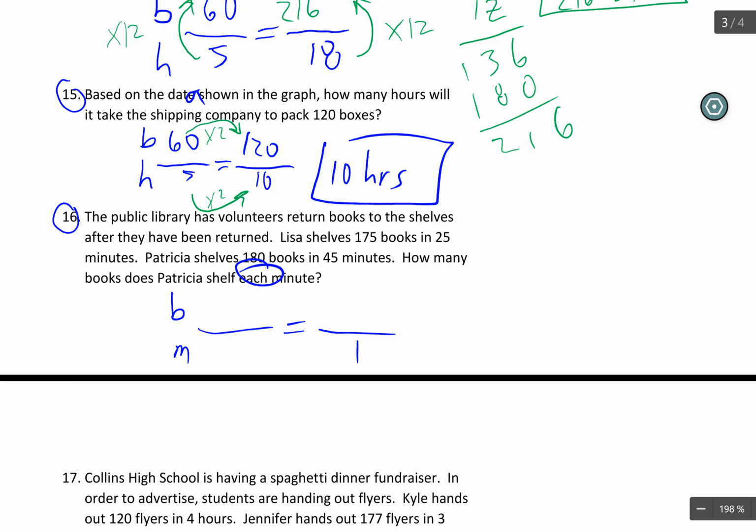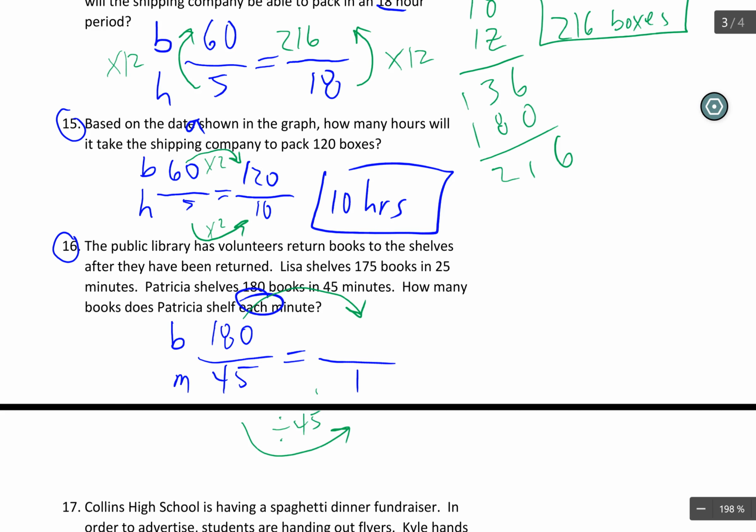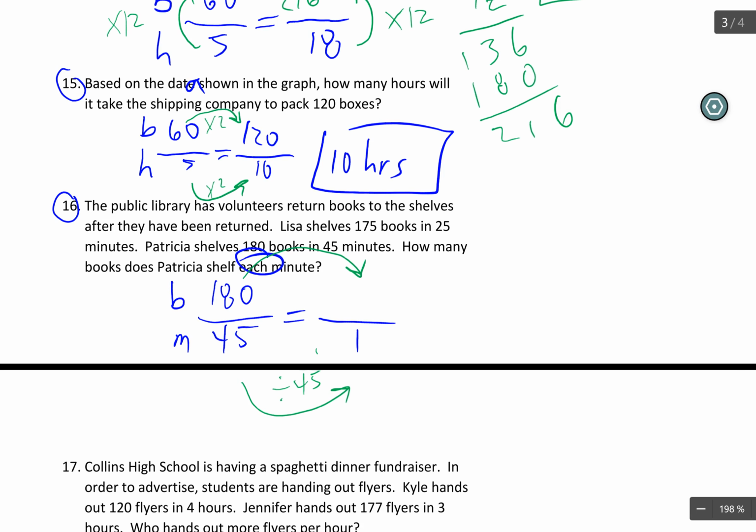So here we're going to fill in what we need. We're looking at Patricia, and Patricia does 180 books in 45 minutes. Again, we just have to make sure that our arrow is pointing to our blank. From 45 to 1, I'm going to divide by 45. Then I need to do the same thing on the top, divide by 45.